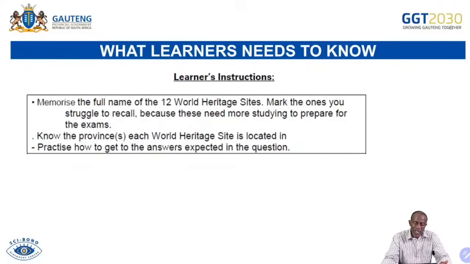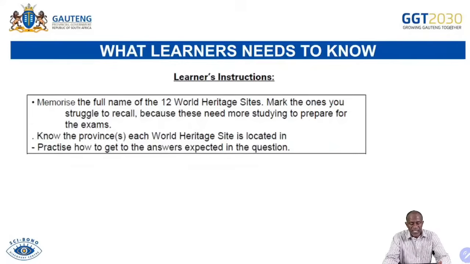What you need to know as candidates, or what you need to prepare as you get into question 5, is that you need to memorize the full names of the 12 World Heritage Sites. Actually, you need to know them by heart. Mark the ones you struggle to recall, because these need more studying to prepare for the examination.